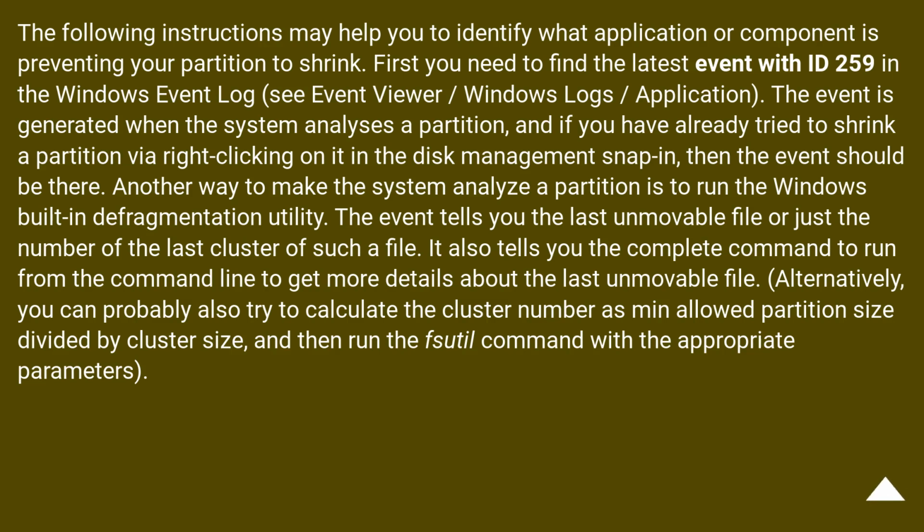It also tells you the complete command to run from the command line to get more details about the last unmovable file. Alternatively, you can probably also try to calculate the cluster number as the minimum allowed partition size divided by cluster size, and then run the fsutil command with the appropriate parameters.